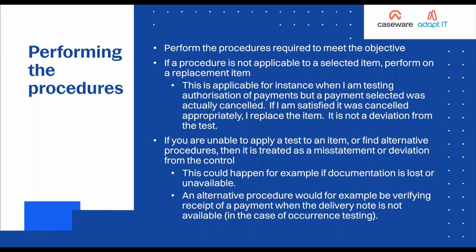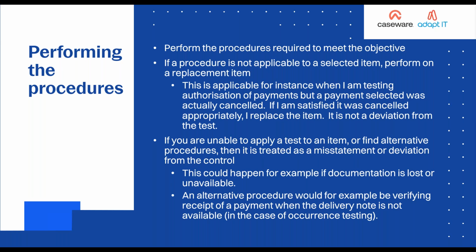My preference also, not in all cases, but in many cases, is to consider if you now need to test the whole sample of the alternative control. So let's say we had the control that when an order is made, there is an order form approved by the production manager. If that's the control we are testing, then if this one was not done and we said, oh, but the payment was approved, then we need to ask ourselves, do we need to go and test the approval of payments too?